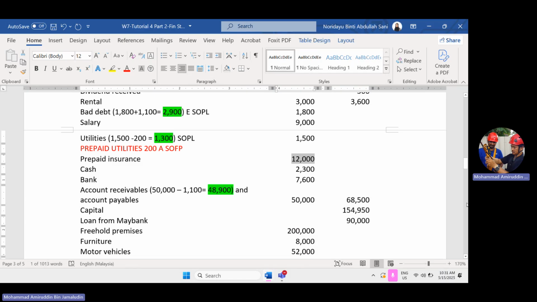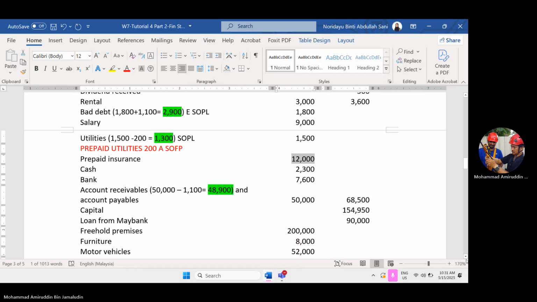So insurance expense, 3 months multiply 1,000. So equal to 3,000 ringgit. Go to SOPL. So 12,000 minus 3,000, or 9 months multiply 1,000 each month, 9,000 go to SOFP.